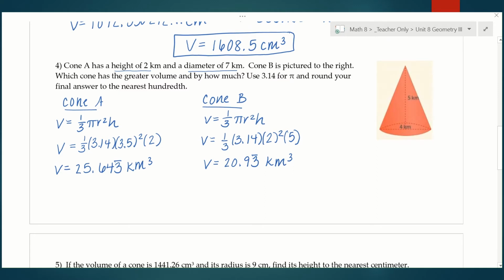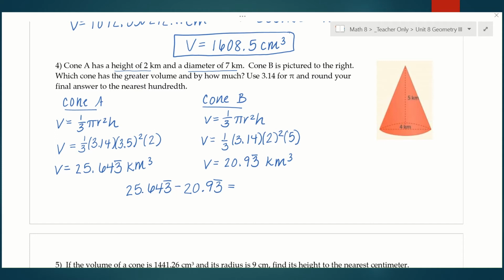All right, so which cone has the greater volume? Definitely cone A, and then it wants to know by how much. So to do that, we're going to subtract our two volumes. Obviously we can't type in a repeating decimal, so I would just do 25.64333 and 20.9333.